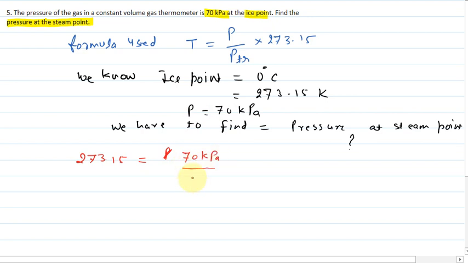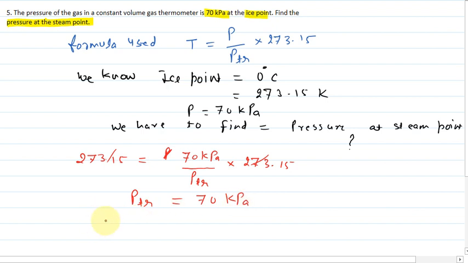And here we have to know pressure at triple point of temperature of water 273.15. So it will be cancelled out. So here we will find P triple point, that will come to 70 kilopascal.